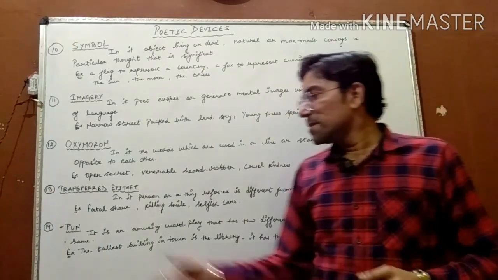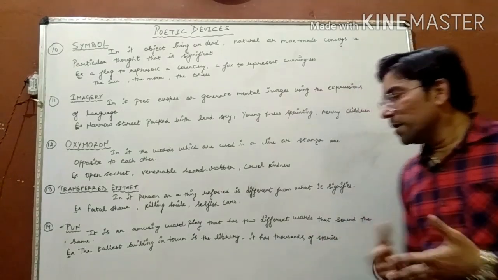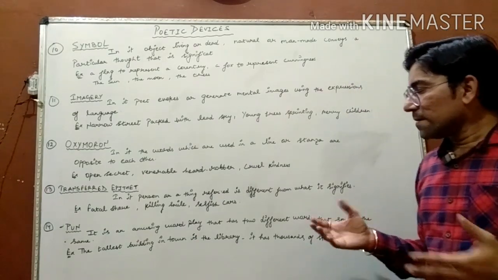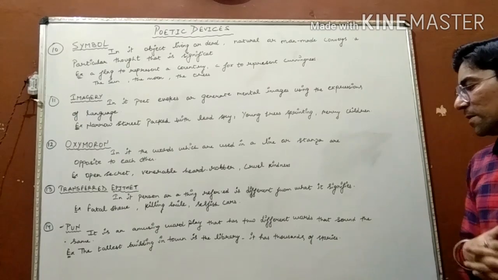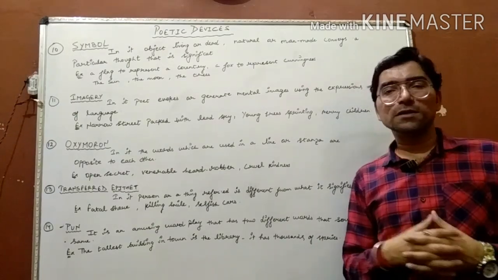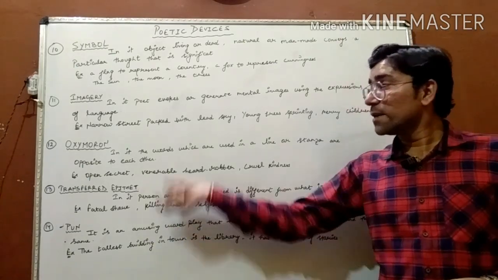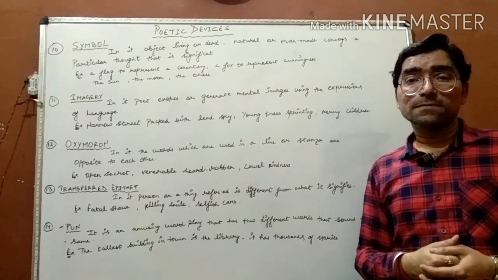And the last poetic device is pun. It is an amusing wordplay that has two different words that sound the same. Once again, there are two different words, like oxymoron and antithesis.